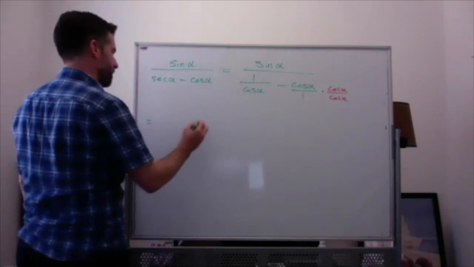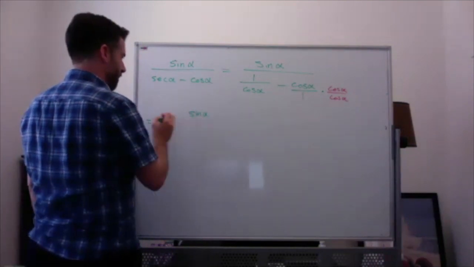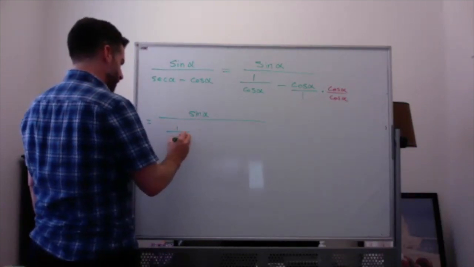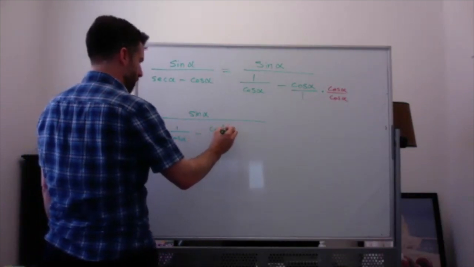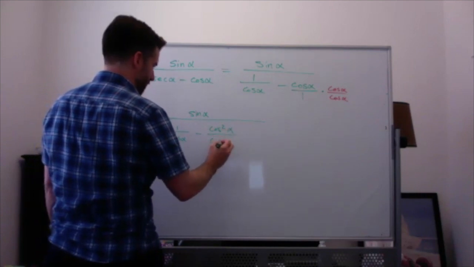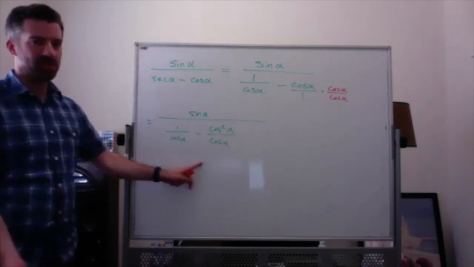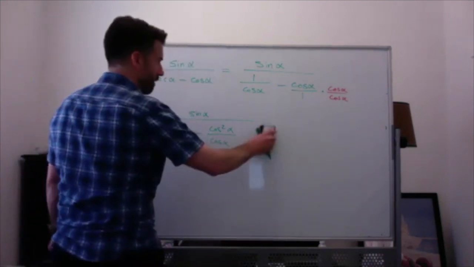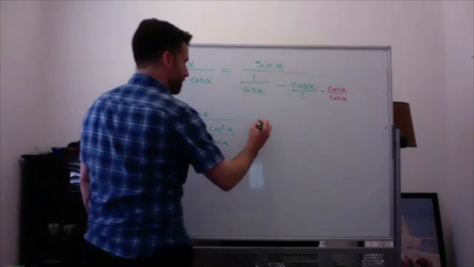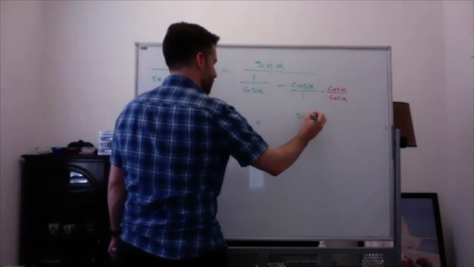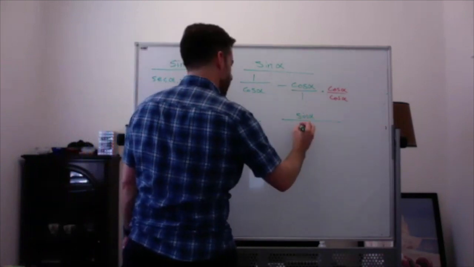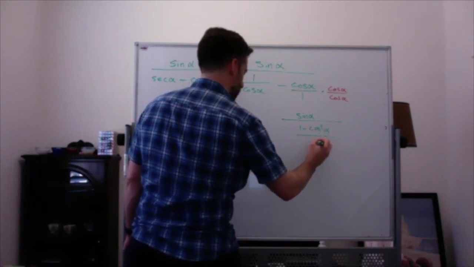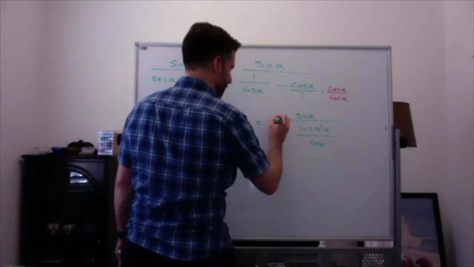So I've got sine of alpha over 1 over cosine of alpha minus cosine squared alpha over cosine of alpha, which I really should have just put together as one fraction in the denominator. I guess we'll do that in the next step. So this is sine of alpha over 1 minus cosine squared alpha over cosine of alpha.